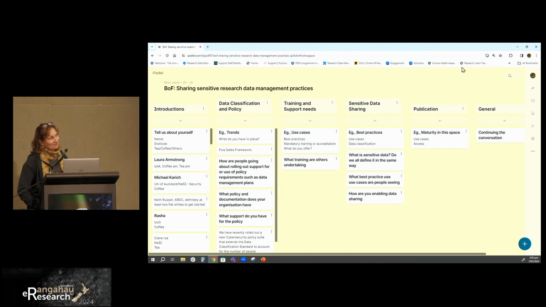Another question I had for the room is about one of the recent changes we had at UNSW: not just the nature or characteristic or the ontology of what the data is, but the amount of data also contributes to the risk.